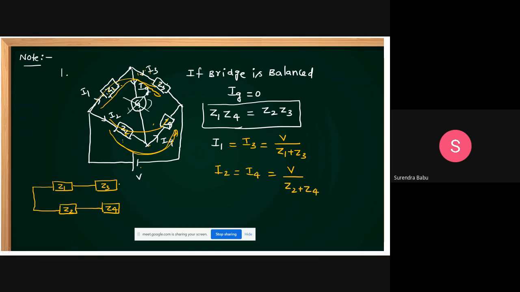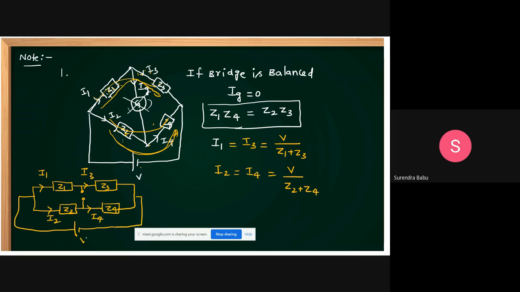Because the bridge is balanced, there is no current through the galvanometer. What is this current, students? I1. And this is I3. I1 equal to I3. This is I2 and this is I4. I2 equal to I4. There is no current through the galvanometer because the bridge is under balanced condition.